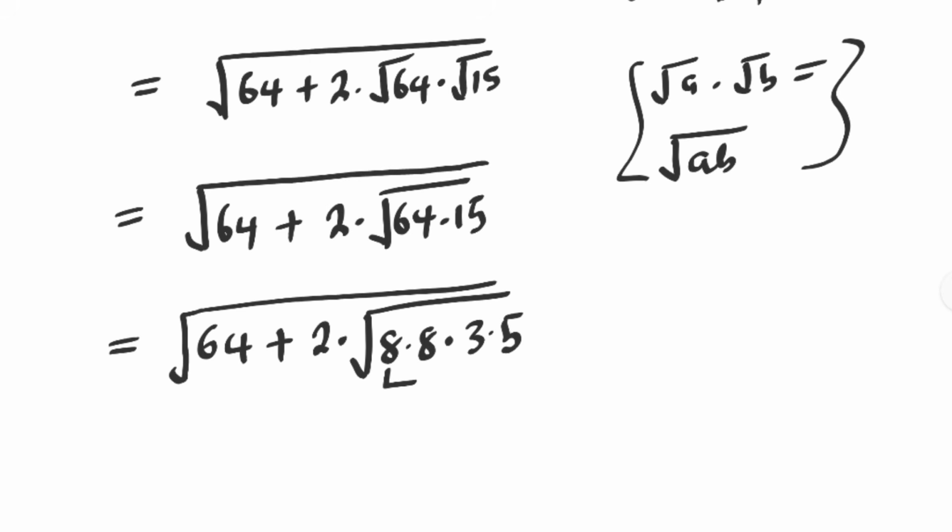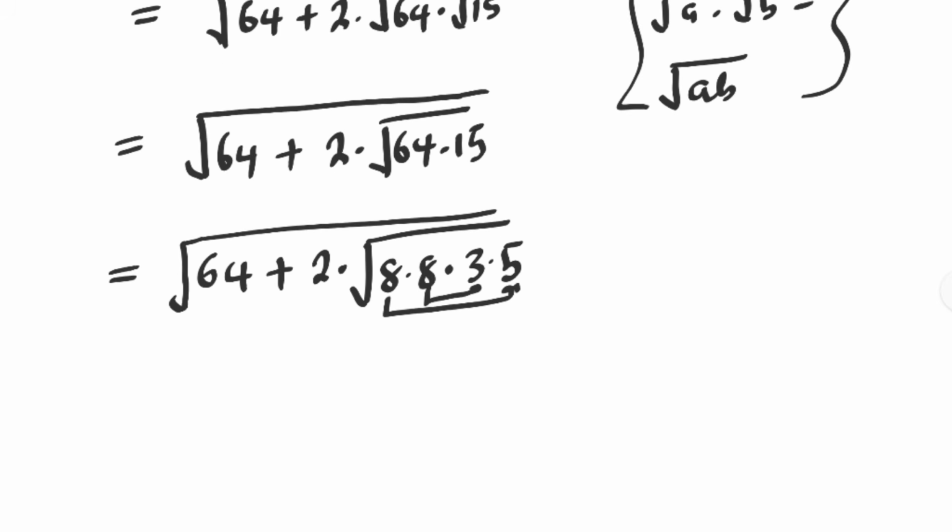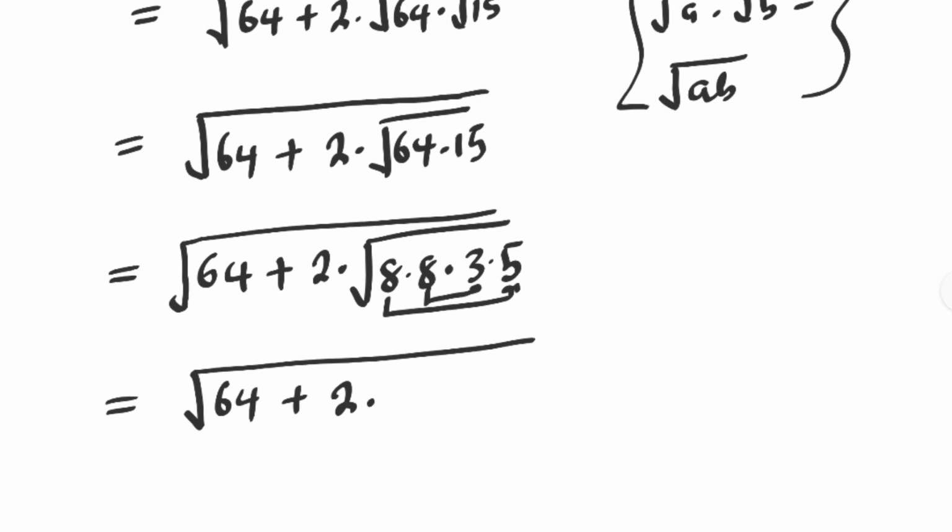Now let's take this to this and this to this. This is equal to square root of 64 plus 2 multiplied by, here, 8 times 5, that is 40, multiplied by 8 times 3, 24.